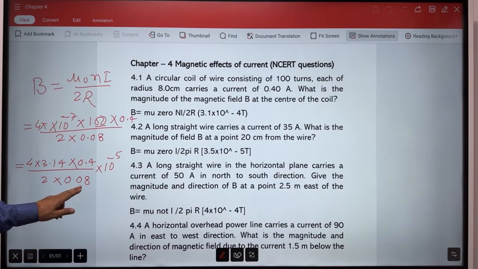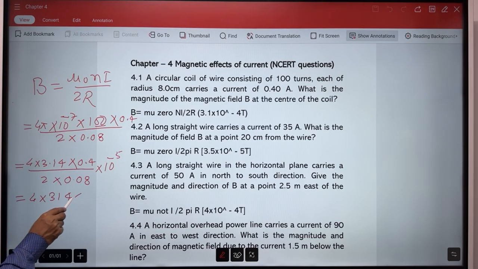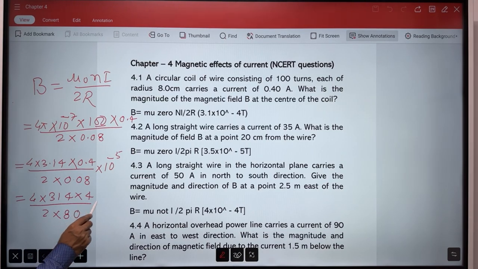So 2 places, 2 places. Then this will give 1 power negative. So we can write it as 4 into 314 into 4 divided by 2 into 80, into 10 to the power minus 5. Right. Now we can cancel it.